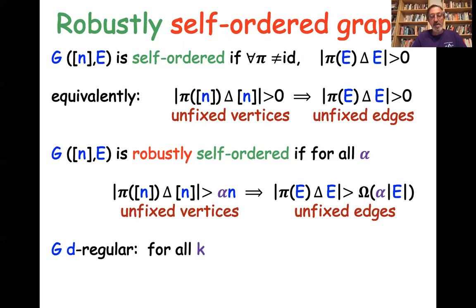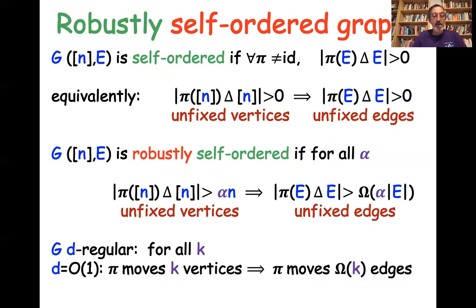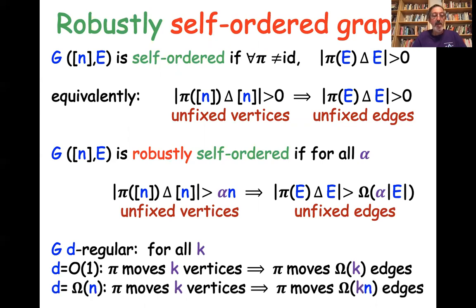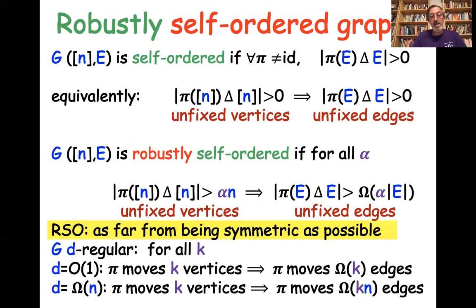So just to get a sense for the two regimes we care about in the talk, sparse graphs, if you move k vertices, you must move omega of k edges. That's just because the number of edges is linear. And in the dense case, if the degree is linear, moving k vertices means that you must move k times n edges. And that's for every k. So that's, in a clear sense, RSO graphs are as far from being symmetric as possible.